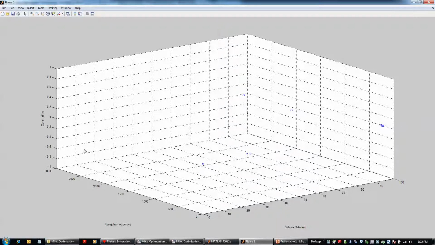So from this graph, it's very clear which results will be more accurate, because if I take one of these results, you can see the percentage it is covering is only 50, and certain constraints are violated. These are the only results which haven't violated the constraint, and these are the results which give a maximum solution.